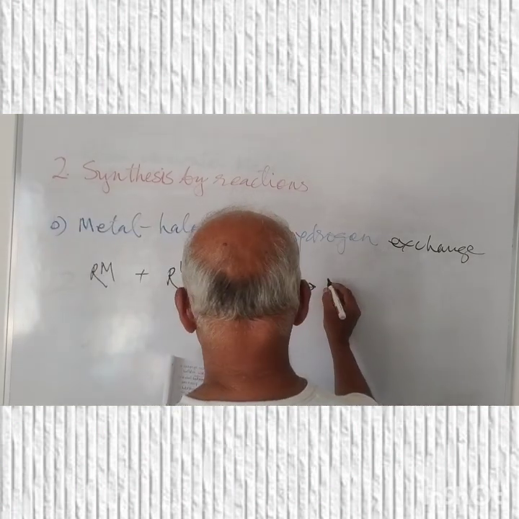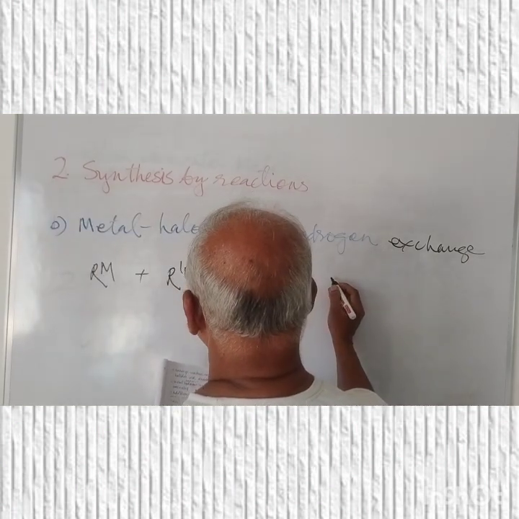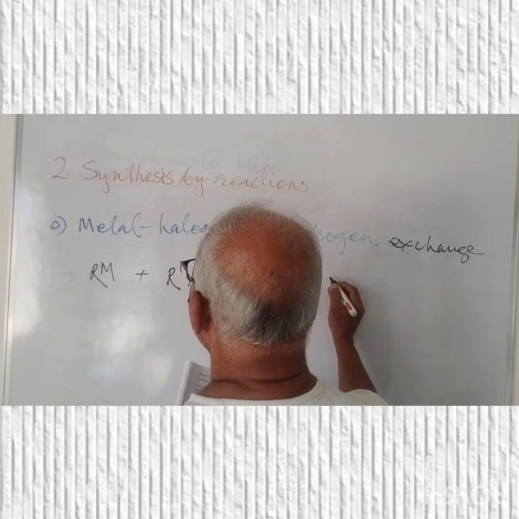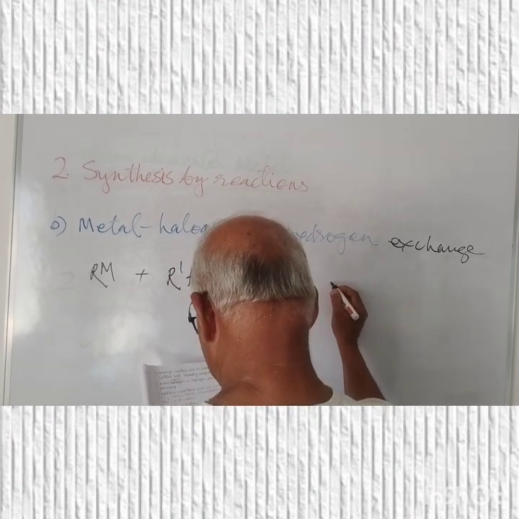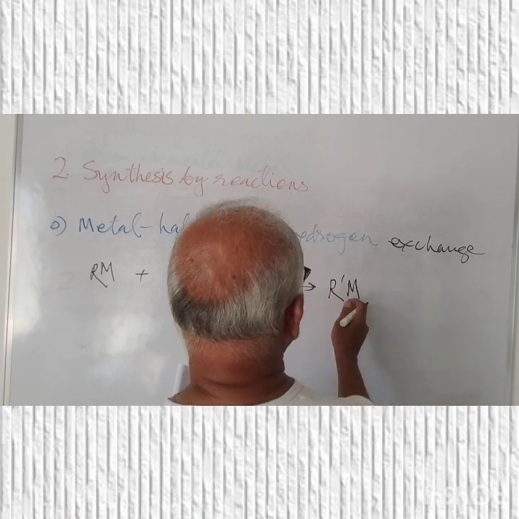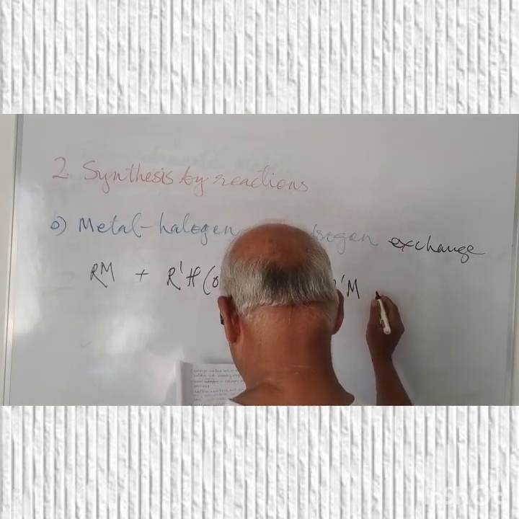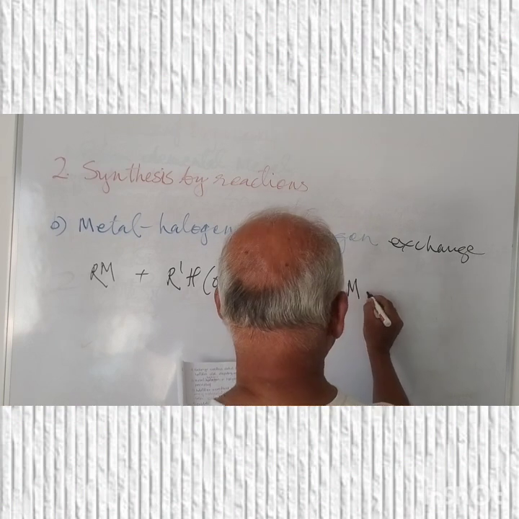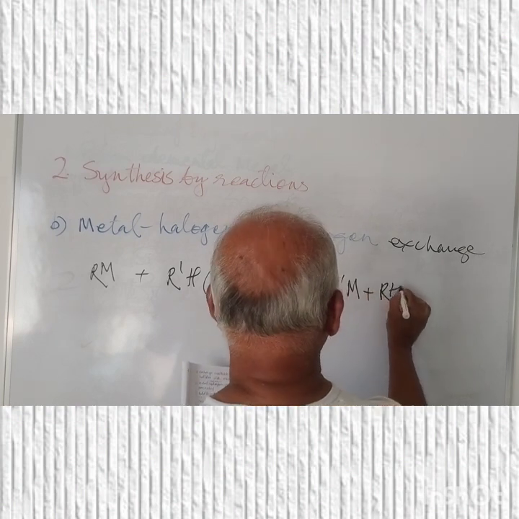This metal is exchanged with X or this H. So we can get this M R prime, that is R prime M, or we can show M R prime. Means both the things are same, plus RH.